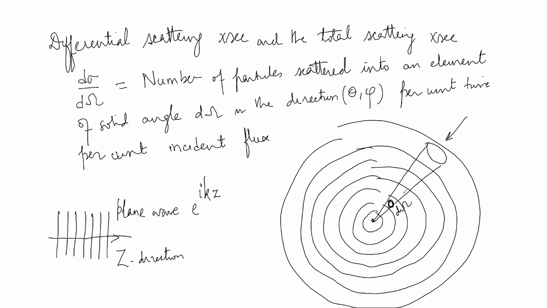If you measure this, you call such measurements measurements of differential cross section. The other important point is that these are spherically outgoing waves. Therefore, we know from BSc that spherically outgoing waves are represented by the wave function e to the power ikr.